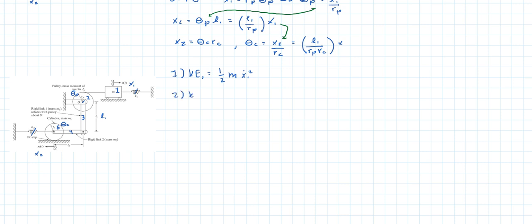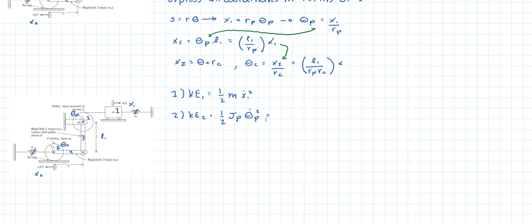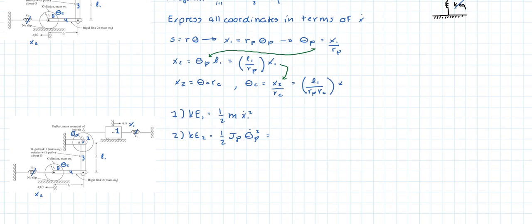The kinetic energy of the rotating pulley is equal to 1/2 times the moment of inertia of the pulley, J sub p, times theta p dot squared. But we also knew that theta p is equal to x sub 1 over rp.